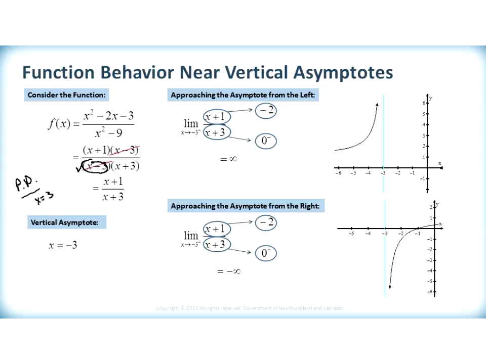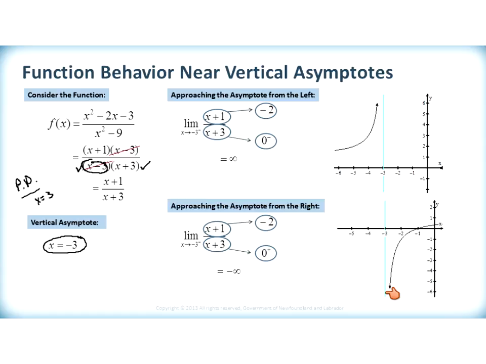Okay, we're also going to have another non-permissible value at x equals negative 3, but since that factor doesn't cancel for reasons that we've already seen here, that's going to give us a vertical asymptote. So what we have to do then is look over here at the sample graphs that we have. So way over here we can see that the vertical asymptote has been already sketched for us with this fancy blue line at x equals negative 3.